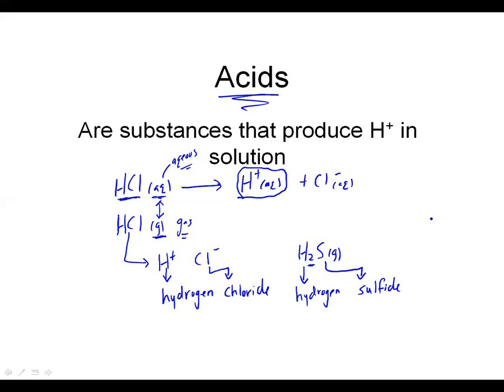Now, if we take that same formula and put the aqueous symbol next to it, typically the aqueous symbol is the symbol that goes with acids. That's how you recognize HCl that has the aqueous next to it as an acid, versus HCl that has the G next to it, which is a gas.